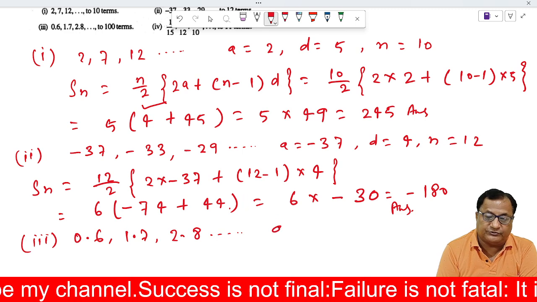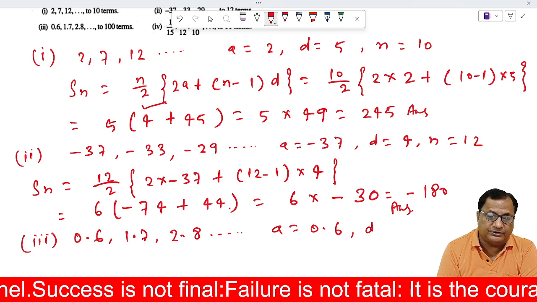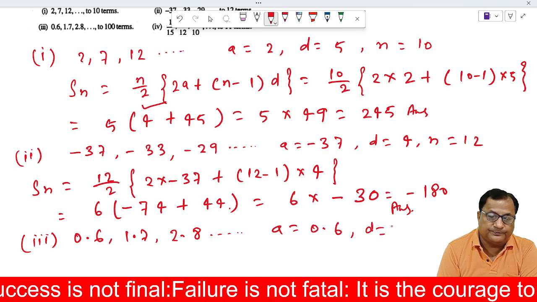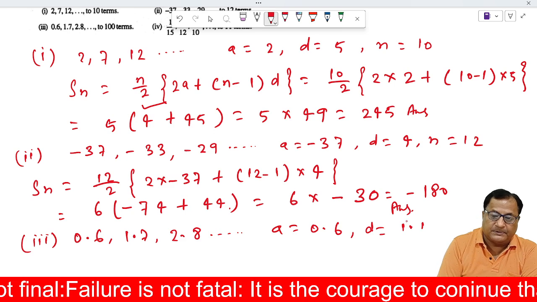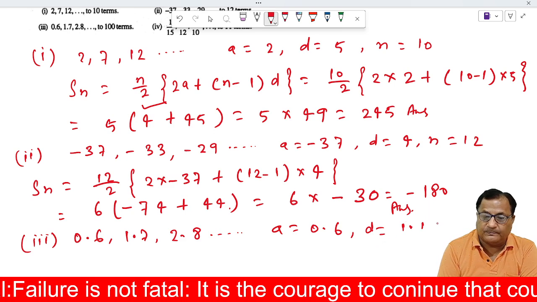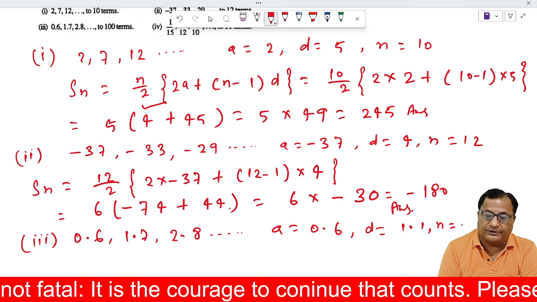So here a is equal to 0.6, d is equal to 1.1, n is equal to 100.